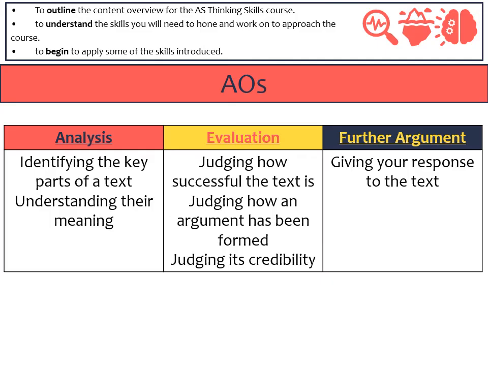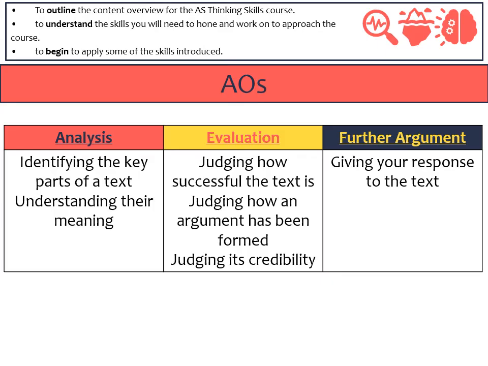The final assessment objective is the one that we're really focused on for this thinking skills course. Not only do we want people to pass judgment, but we want people to give further arguments, and that's giving your response to the text.